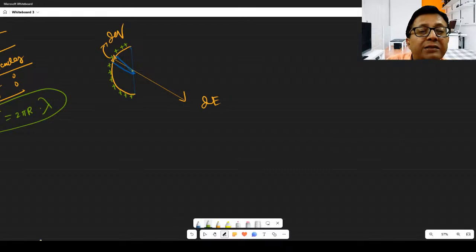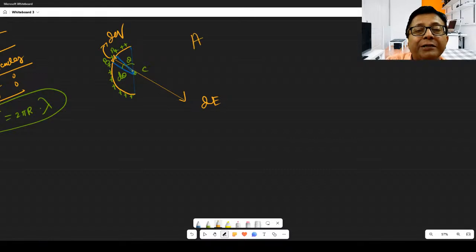Imagine that the elemental portion we are taking is AB. Angular position of this is theta, and this one, this theta. Electric field strength at C is dE. This dE is how much?